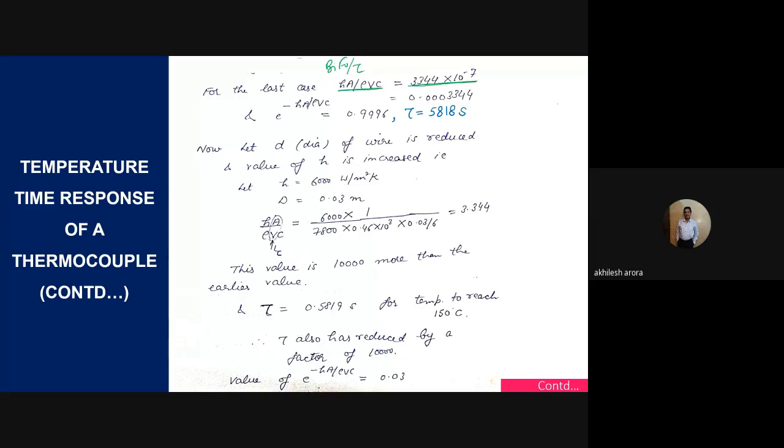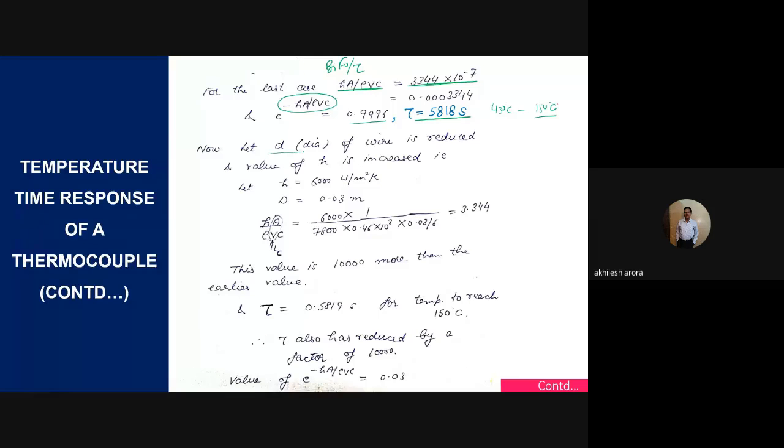The value of tau came out to be 5818 seconds for going from a temperature of 450 degrees Celsius to 150 degrees Celsius. When we calculate e raised to the power minus hA over rho Vc, it comes out to be 0.9996, so it is nearly 1. It's not a good value actually. We would like it to be low. So what should we do?